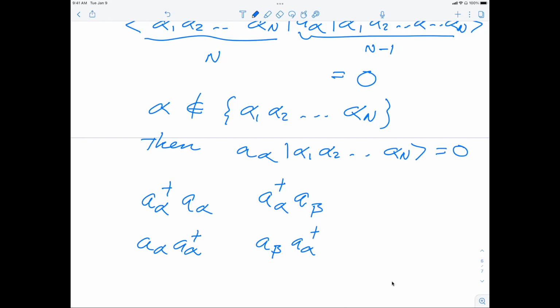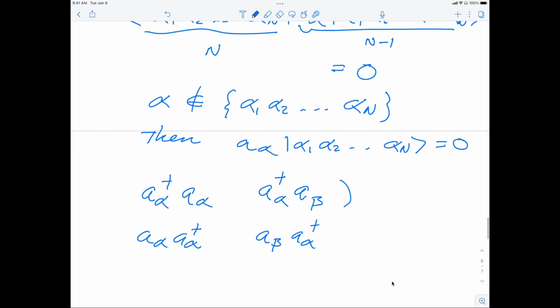We're going to set up the cases, and based on that, we are going to be able to deduce an anti-commutation rule, which goes like A alpha, A beta dagger, which is equal to delta alpha beta. But we're going to derive that one after the break when we look at the different outcomes of these operations on a given state. And then you will see that this is the final rule which we're going to need.